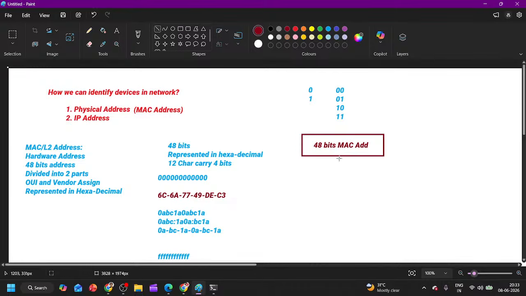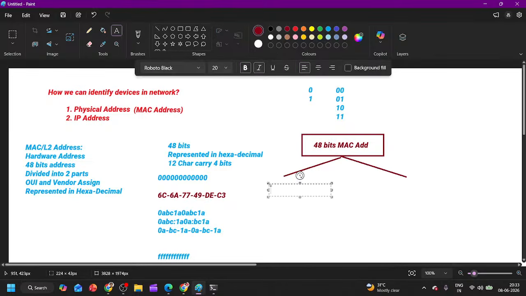The first 24 bits is called the OUI, organizational unique identifier, which identifies the organization, and the last 24 bits are vendor assigned. The vendor is going to assign it.